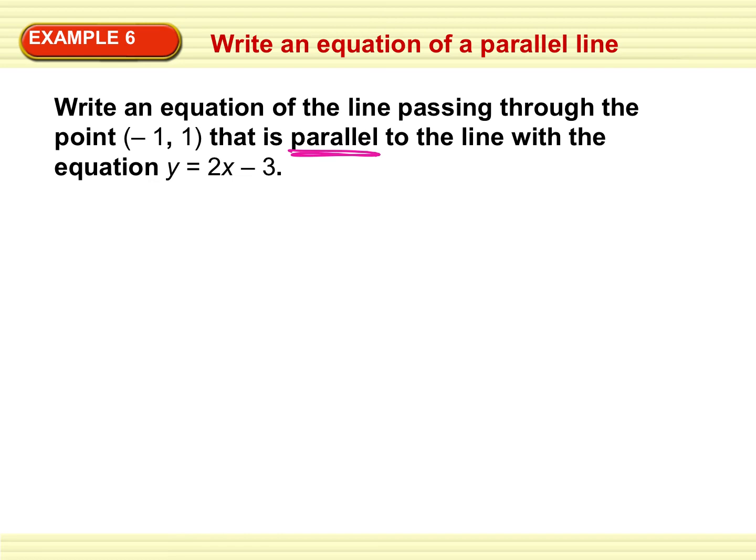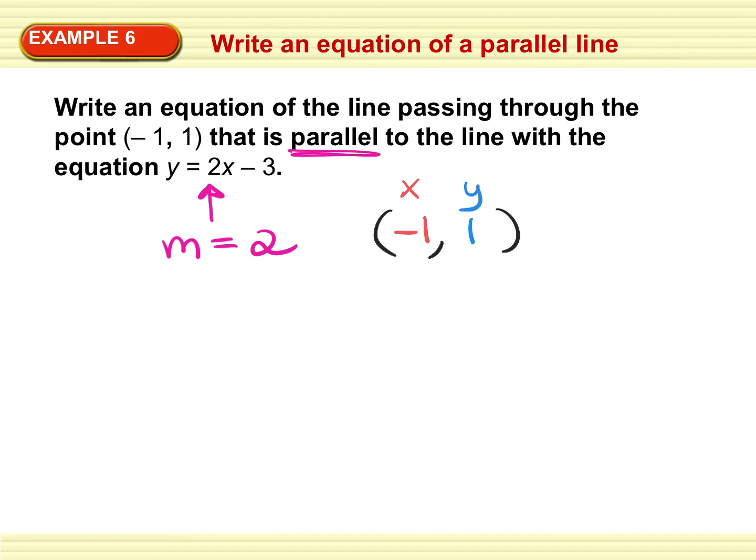So the slope that I'm going to be using is the slope from this line, and the slope from this line is 2. I'm also going to use the ordered pair, negative 1, positive 1, and that is going to be my x and my y value that I'm going to be plugging in to y equals mx plus b.